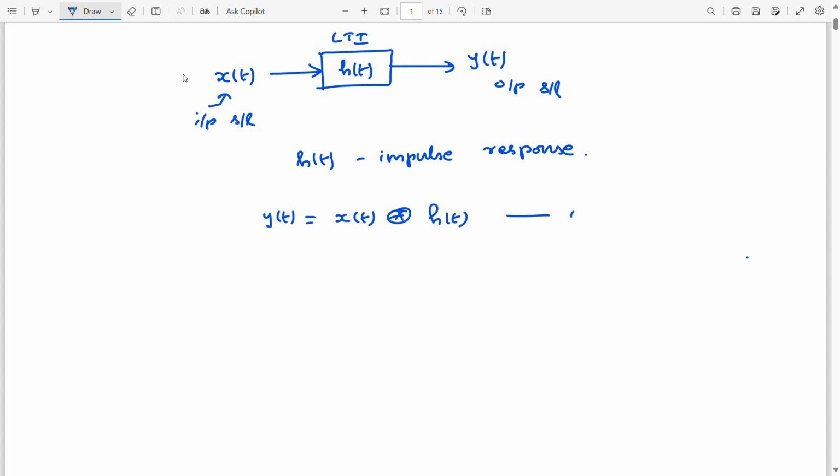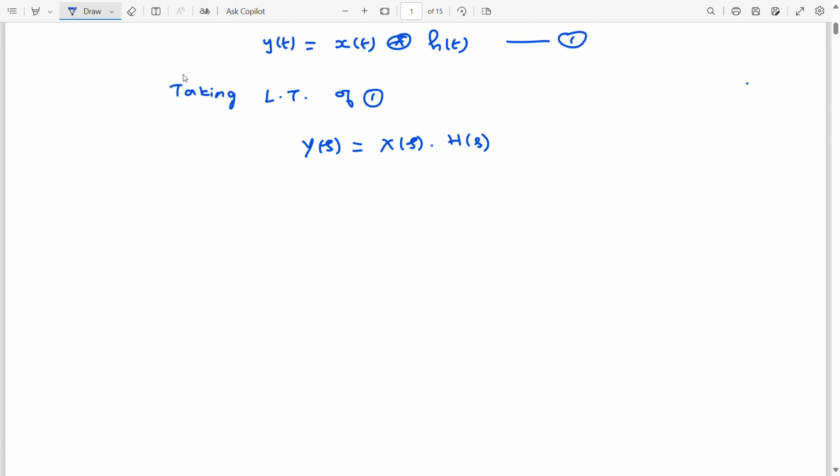Assuming this as equation number 1, taking Laplace transform of equation 1, we shall get y of s equals x of s multiplied with h of s, where h of s is the transfer function of the system.